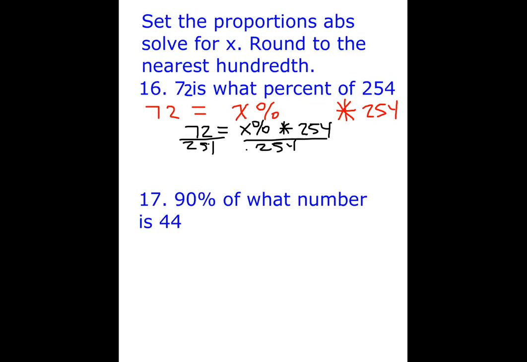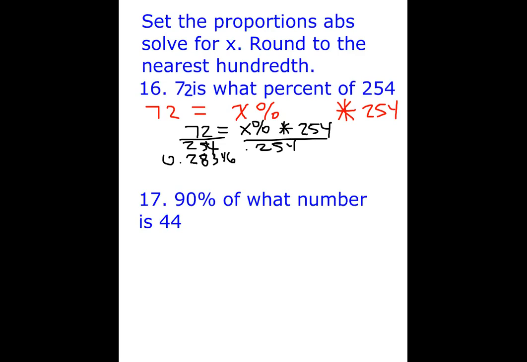So 72 divided by 254 is equal to 0.28346.